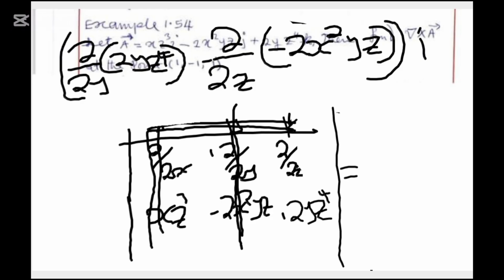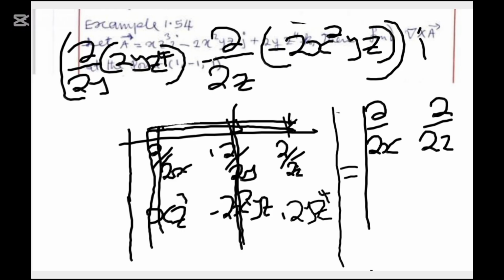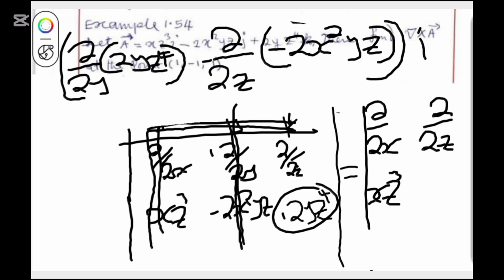Delete this and delete this. So I have to multiply. Let me write something here like this: d by dx, which is this, and d by dz. I have xz cubed, and also I have this, which is 2yz to the power 4.